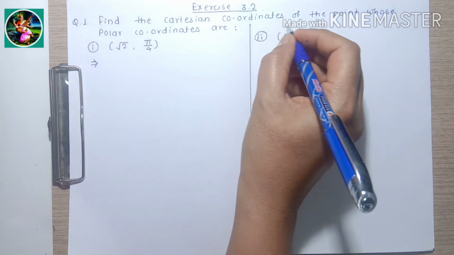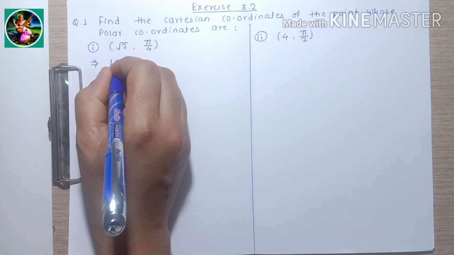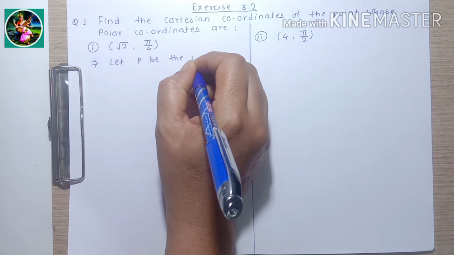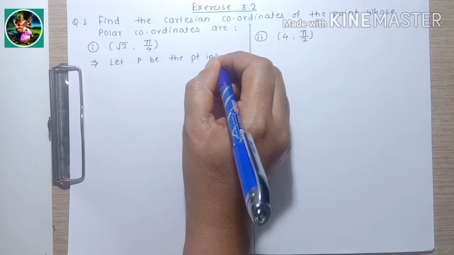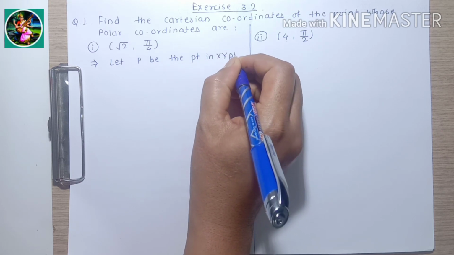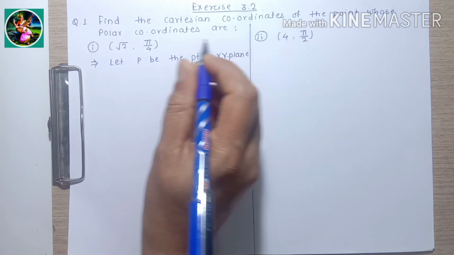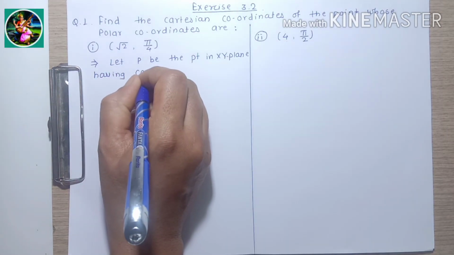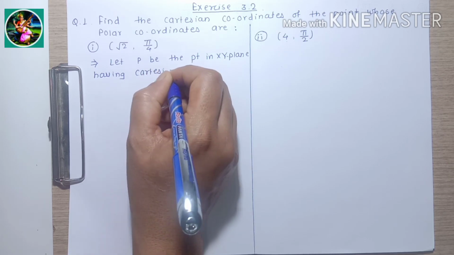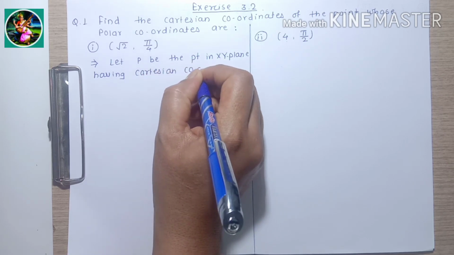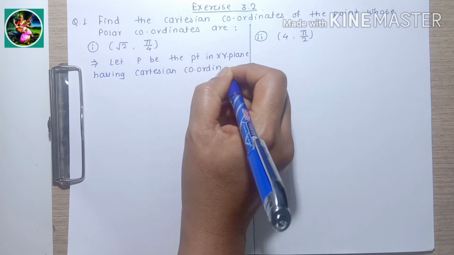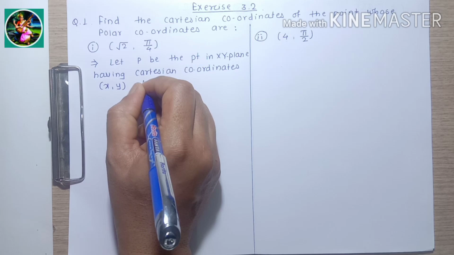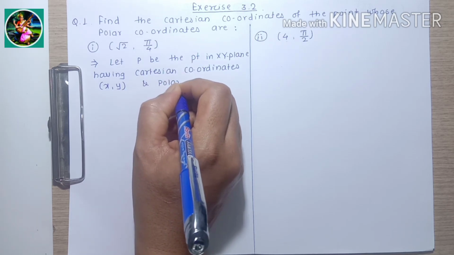Let me consider the point P. Let P be the point in the xy plane having Cartesian coordinates x and y, and polar coordinates r, theta.